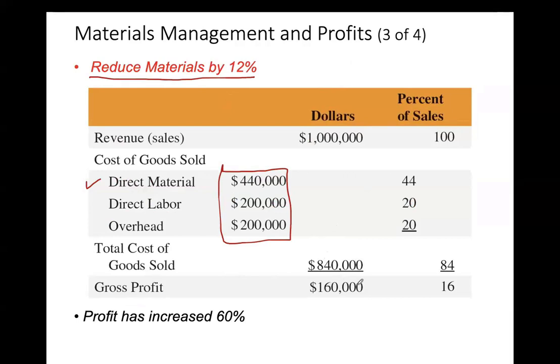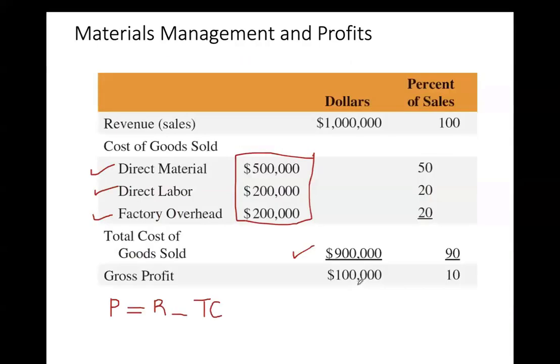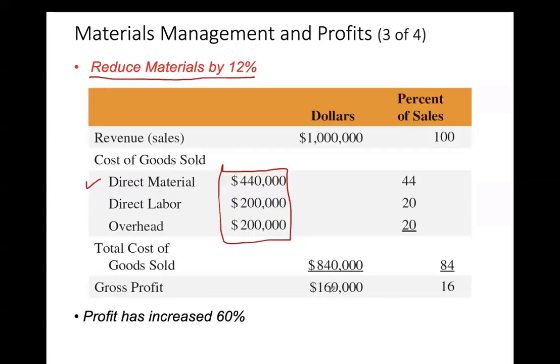Okay, let's go back. What was the profit in the previous case? The profit there was 100,000 and the profit here is 160,000. So you can see that just by reducing material cost by 12%, your profit has increased by 60%. What does that mean? What's the message?